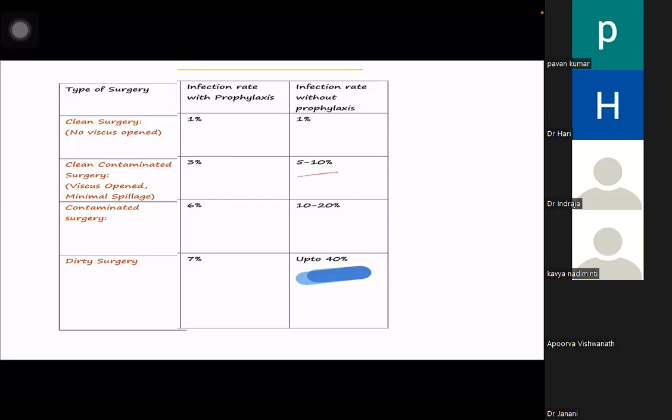Okay, and now bowel contents. What are the pathogens involved? Most commonly anaerobic organisms. So for anaerobes, what antibiotics? Metronidazole should be added to a third generation cephalosporin, preferably.